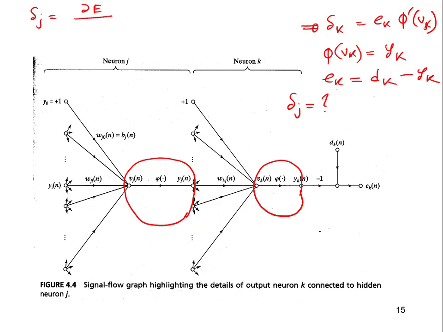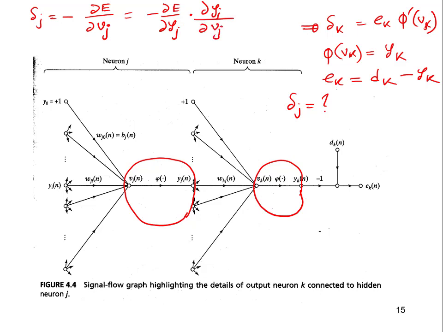We know from the equation of the local induced error that delta j can be rewritten as the partial derivative of the overall error E of the network with respect to vj. By the chain rule, we can define the derivative of E with respect to yj, and the derivative of yj with respect to vj.